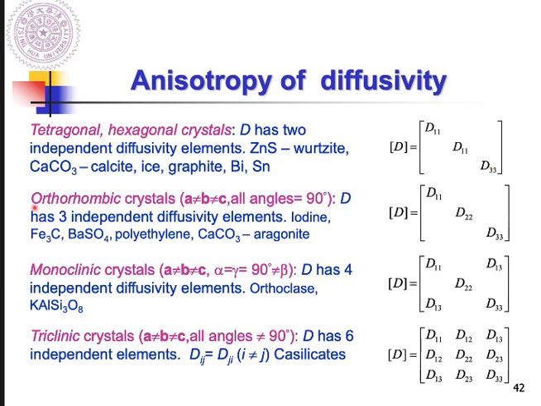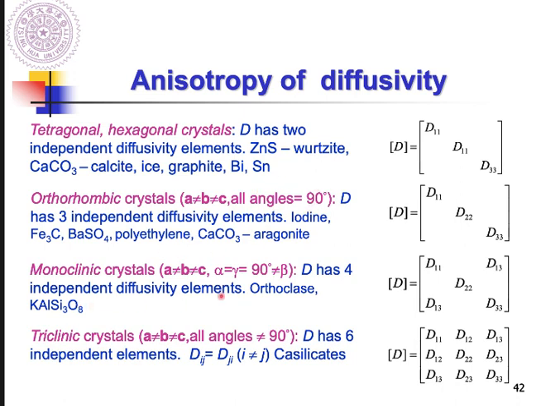And if we deal with orthorhombic structures, orthorhombic is A not equal to B not equal to C, but all angles between two axes still maintain 90 degrees. So we get D11, D22, and D33, but the rest of the terms equal 0 because the angles equal 90.